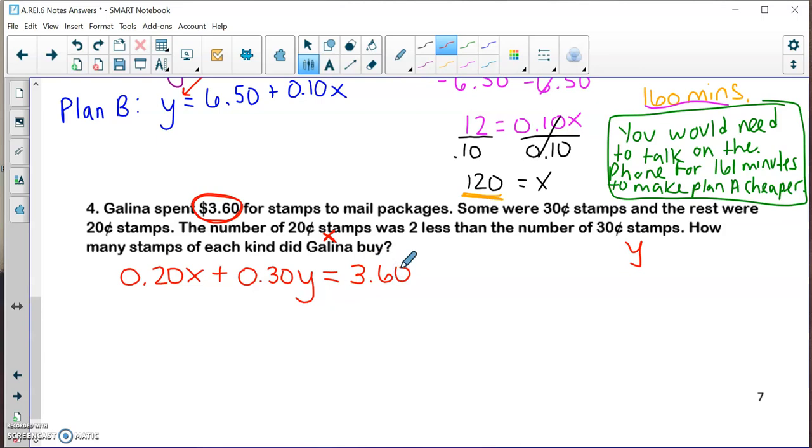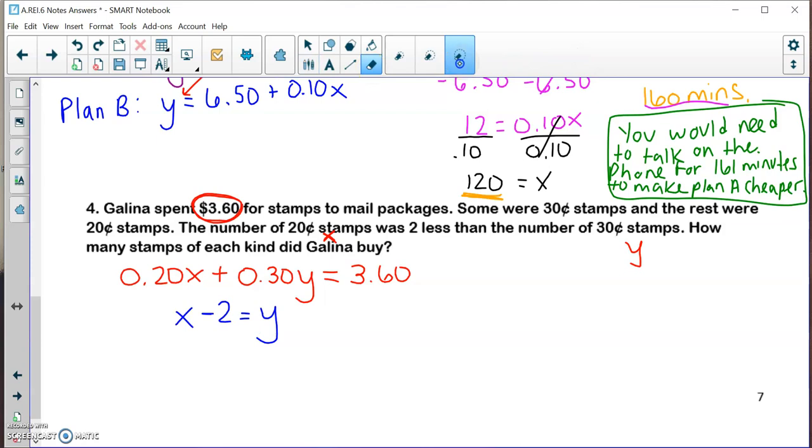And then the number of 20-cent stamps, which is X, was 2 less than the number of 30-cent stamps. So X minus 2 would give you the number of 30-cent stamps.